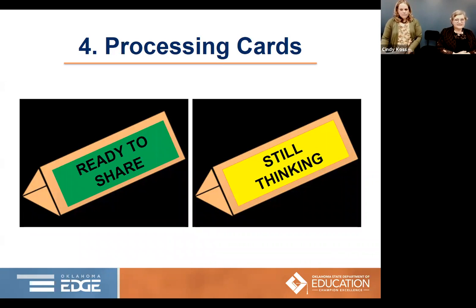So processing cards, and this also is something that's in your toolkit that we talked about a little bit earlier, whether a student is still thinking as they're processing. And that's important to know for students, that this is a safe place. You're going to allow me some time to respond. You're not going to say, who knows this answer?